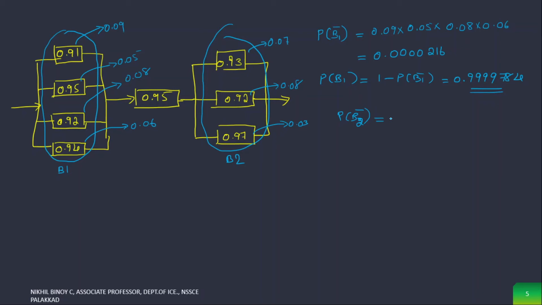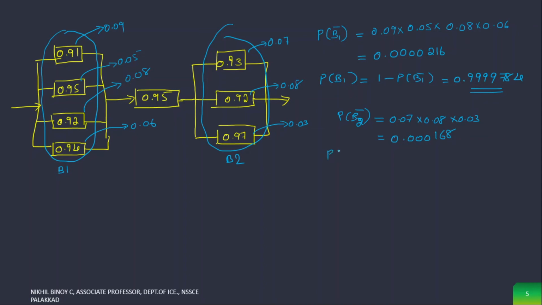So that is equal to 0.07 into 0.08 into 0.03, so that is equal to 0.000168.